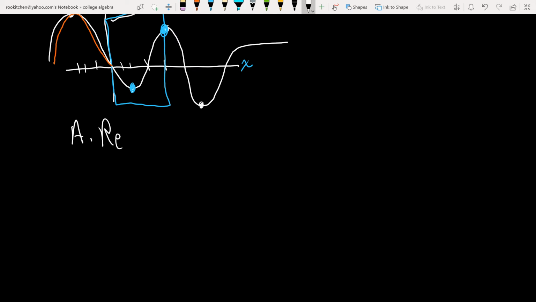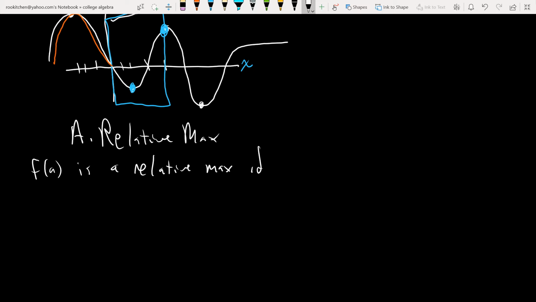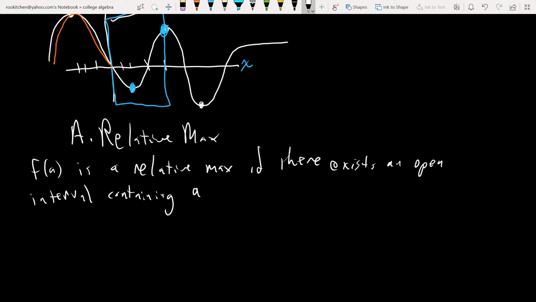So, relative max. What do we have? F of A is a relative max if there exists an open interval containing this point A, such that F of A is greater than any F of X in that interval.